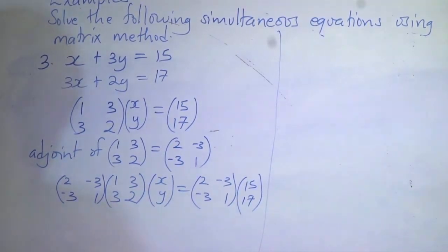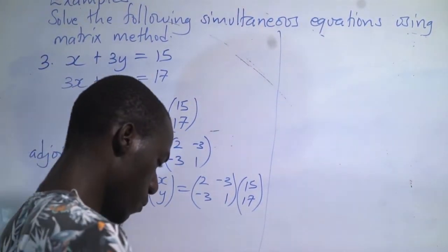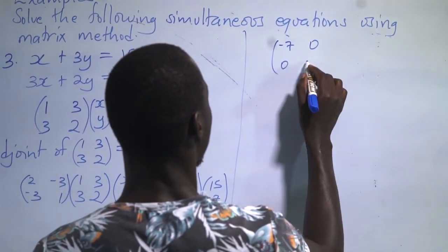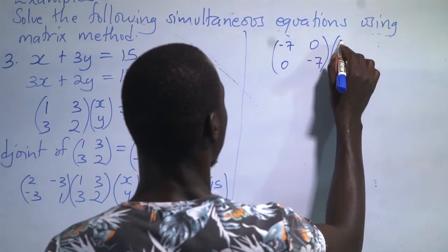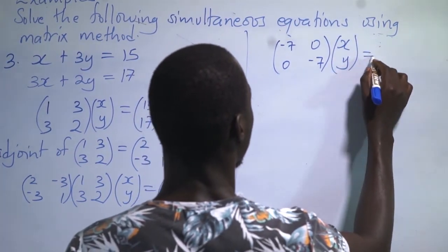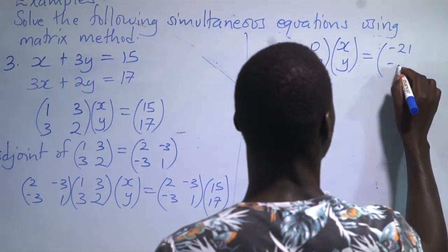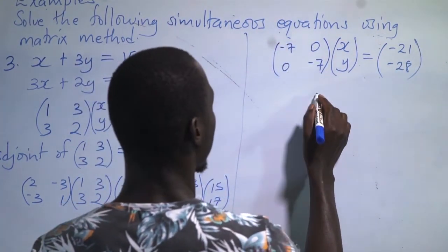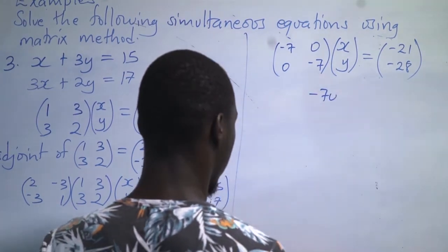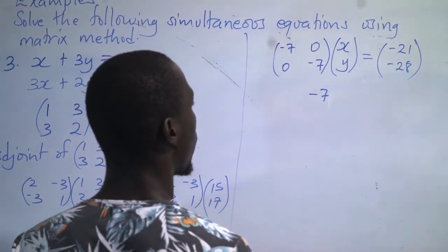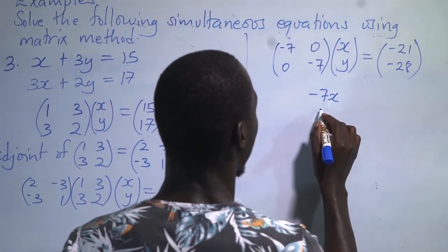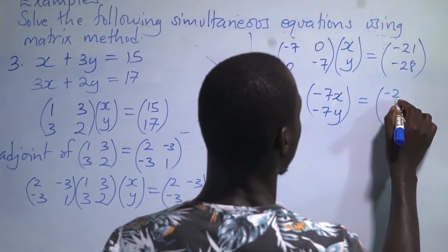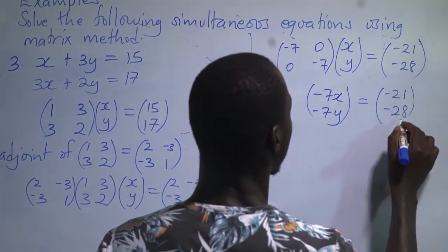Then when we multiply this side, we get the negative 7, 0, 0, negative 7, then times the xy, which is equivalent to negative 21, negative 28. Then row by column again, that is negative 7x, negative 7y, is equivalent to negative 21, negative 28.